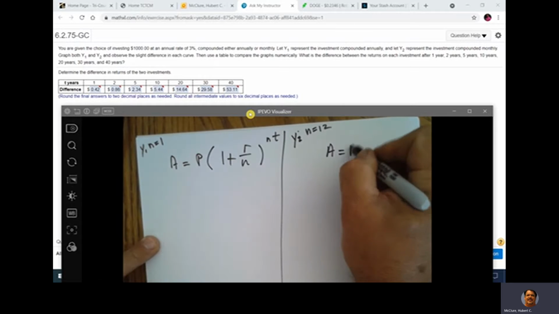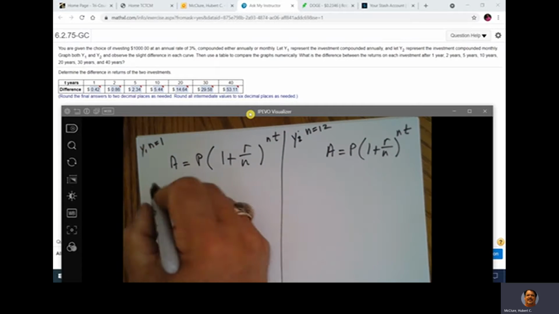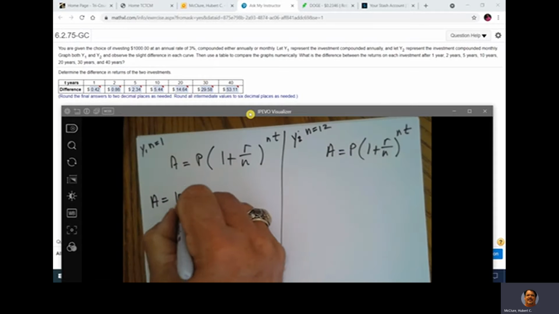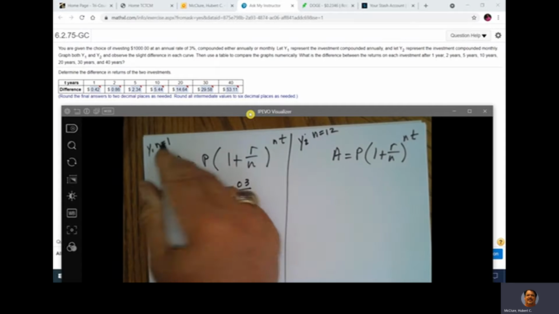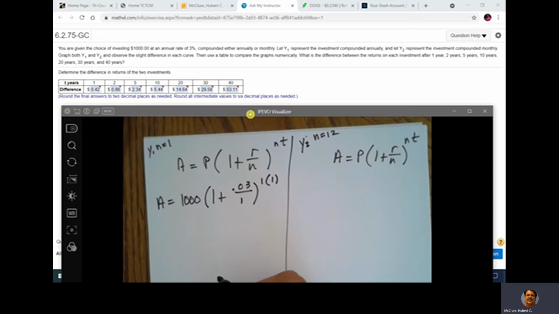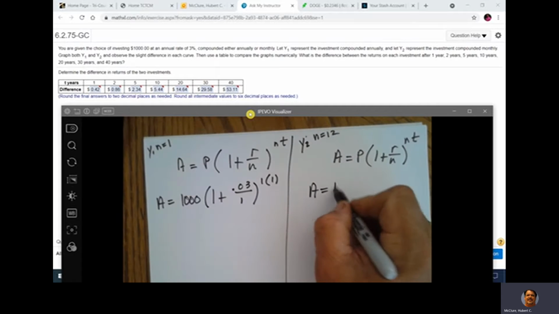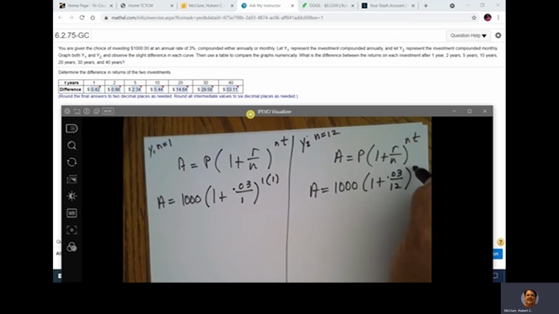For Y1, A is equal to 1,000 times 1 plus 0.03 over 1 raised to the 1 times 1, the year. For Y2, A is equal to 1,000 times 1 plus 0.03 over 12 raised to the 12 times 1.